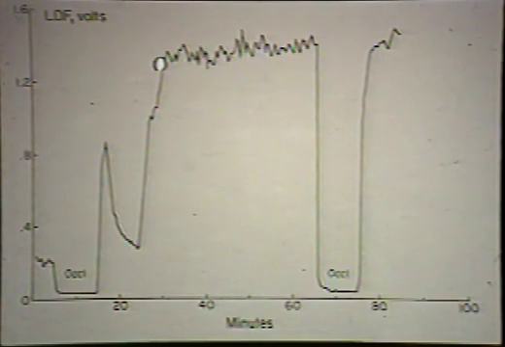We repeat the occlusion, driving blood flow down to 0, and now when we release the occlusion, the blood flow is restored, but only back to the level that it had before the occlusion. At the same time, however, while this blood flow is returning to control, muscle blood flow, and I'm not showing you those data, is showing its typical reactive hyperemia.